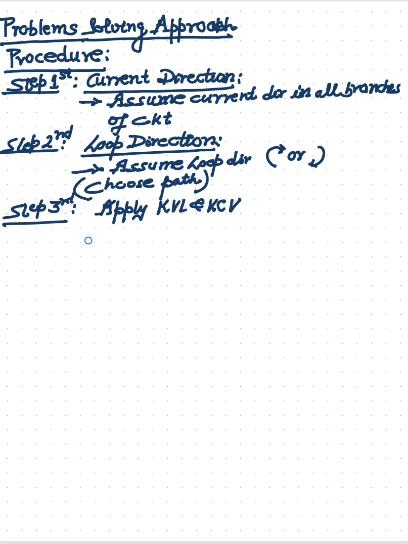The purpose is to write EMF and IR drop terms, or the equation of potential drop.